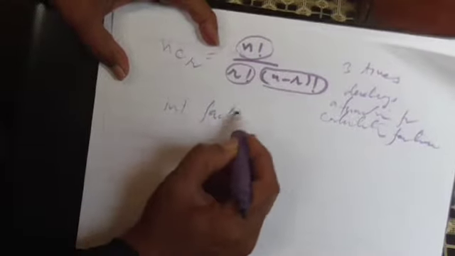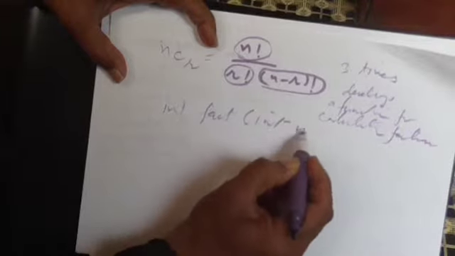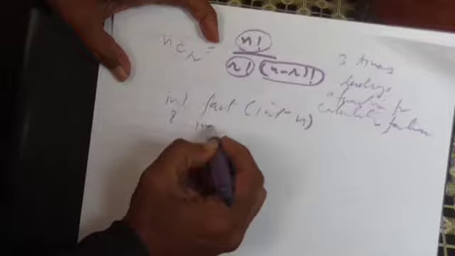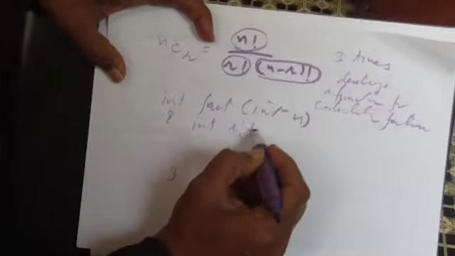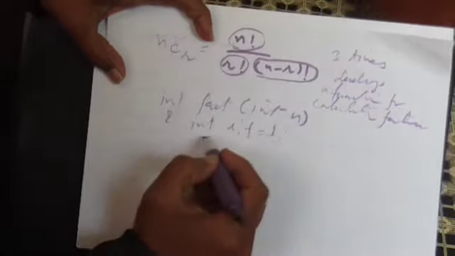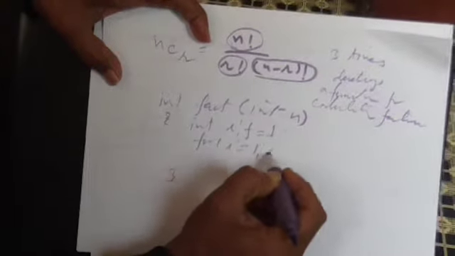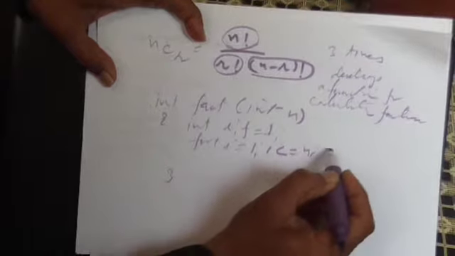You say int fact, and then you can write a simple factorial function, and I can write it like this.